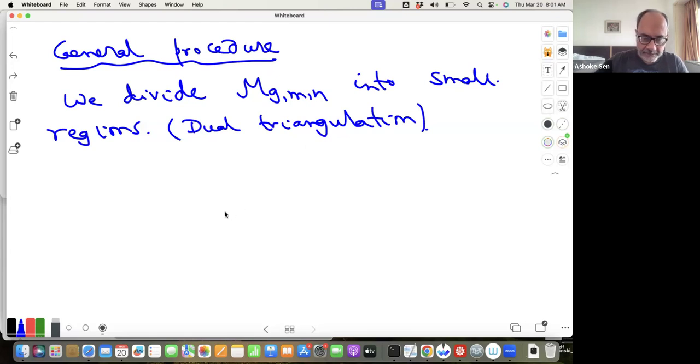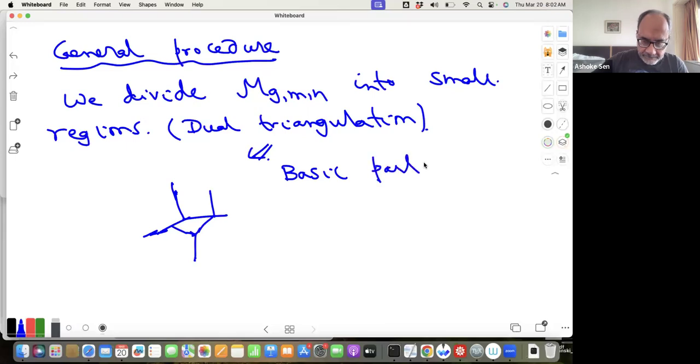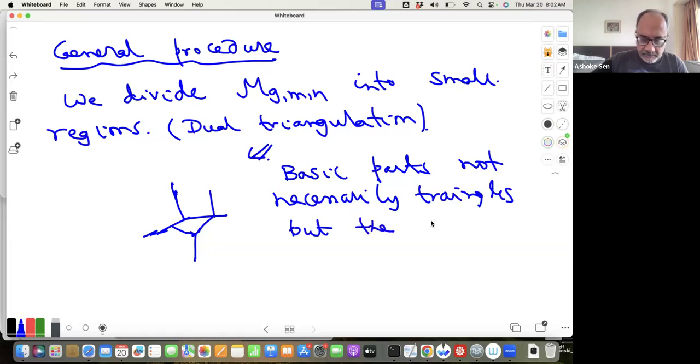I'll illustrate this in this two-dimensional example. Dual triangulation, basically what it does in 2 dimensions, and this can be generalized, is that it divides the moduli space into parts where the basic objects are not necessarily triangles, but the vertices are trivalent.